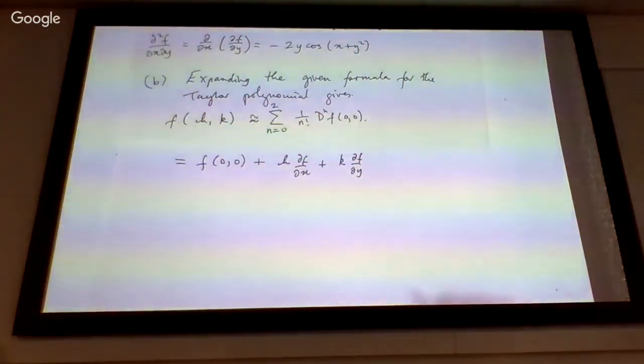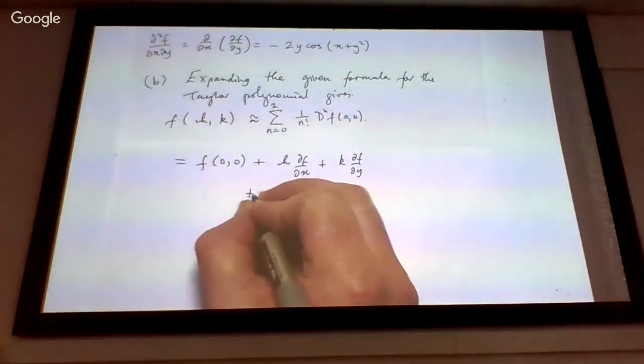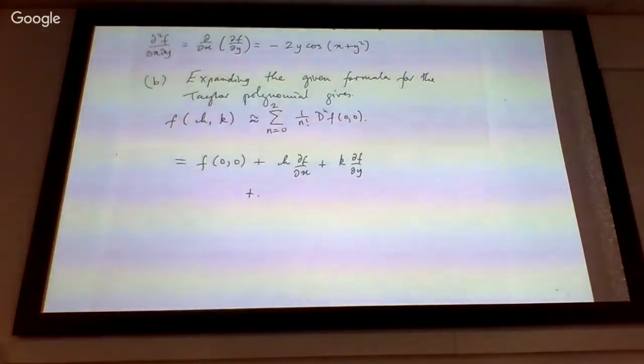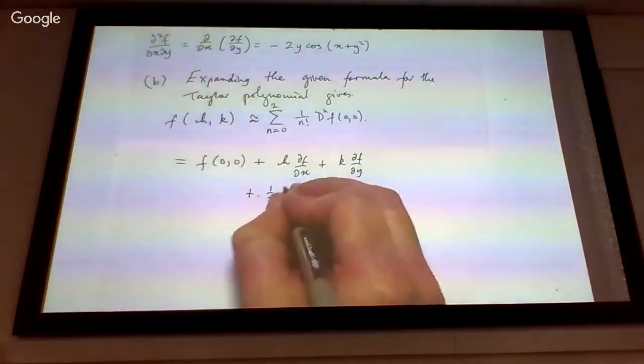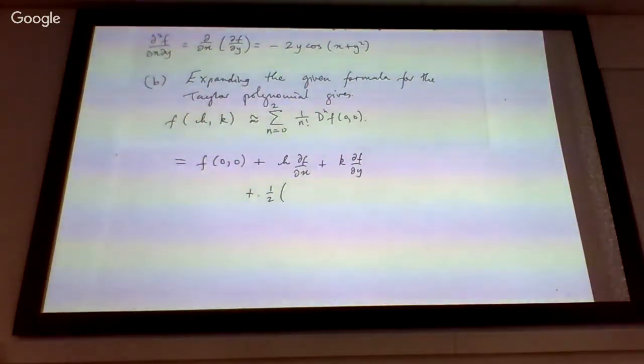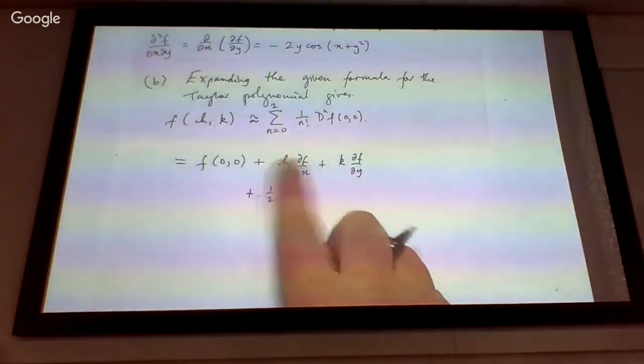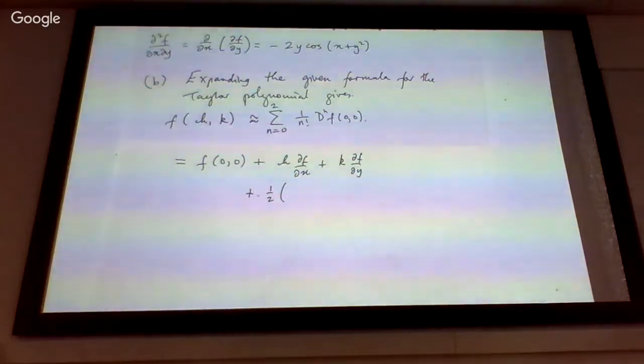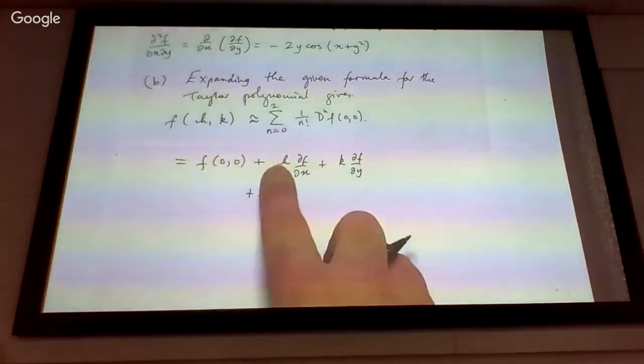That's the n equals 1 term. Then the n equals 2 term will be 1 over 2 factorial, which is a half, and then d squared applied to f. Remember d is an operator, so that's d of f. So we've got h d dx of all of this plus k d dy of all of this.